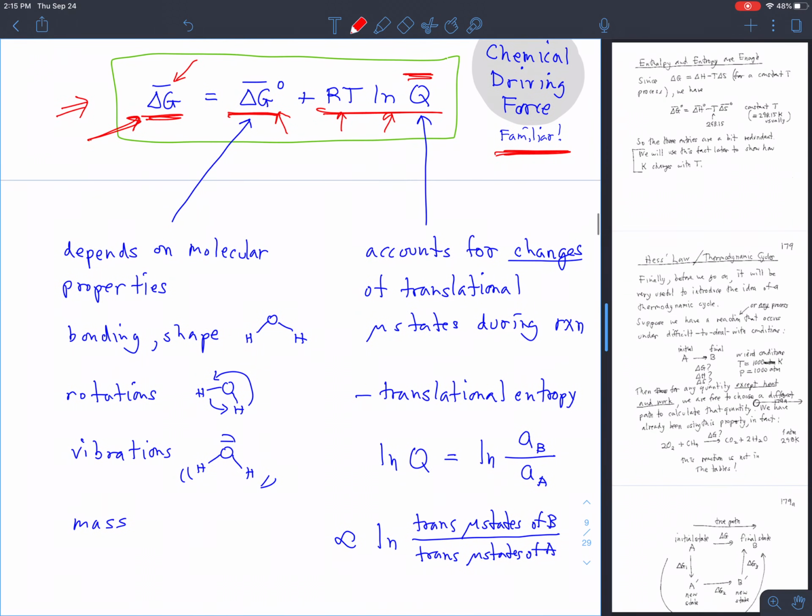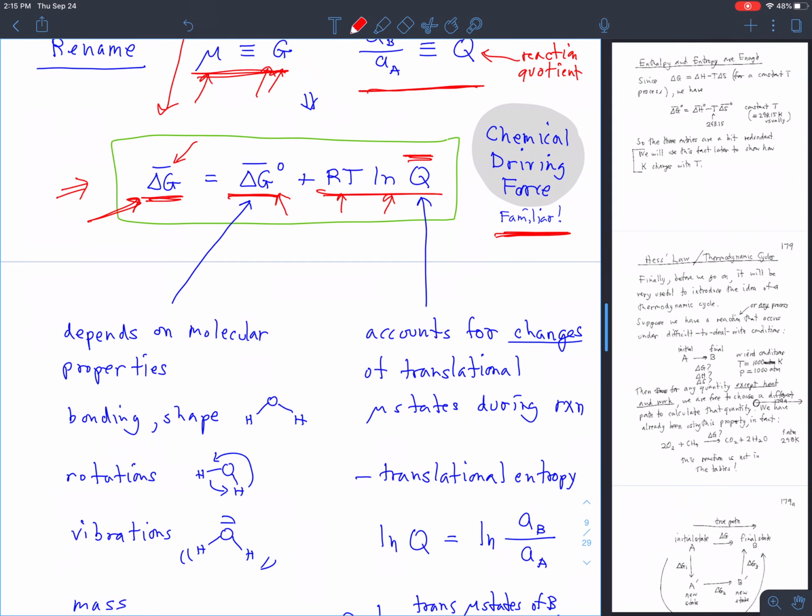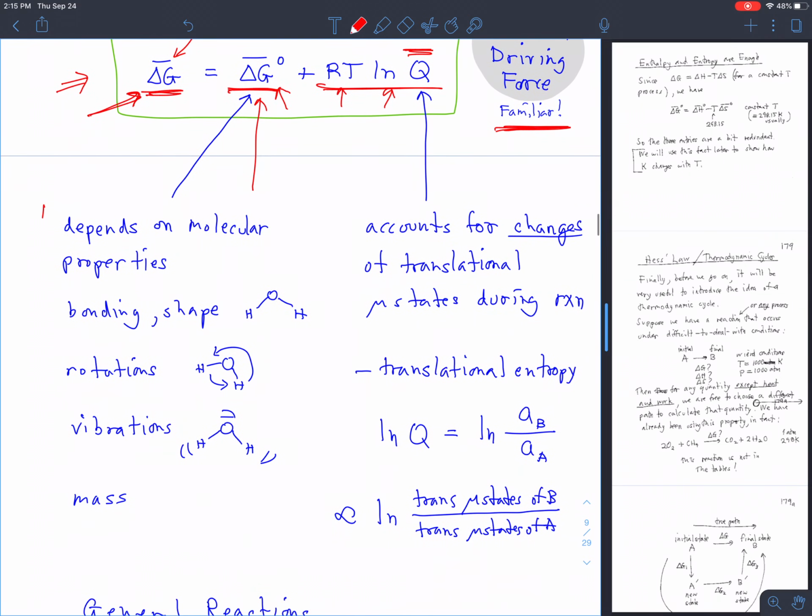All right. As before, because of where all these pieces or terms came from, this standard state term contains all the molecular properties, all the molecular information. It contains all the information about bonding changes that take place in the course of the chemical reaction. So if bonds are broken or formed, the energies involved with that are accounted for in this standard state Gibbs free energy.